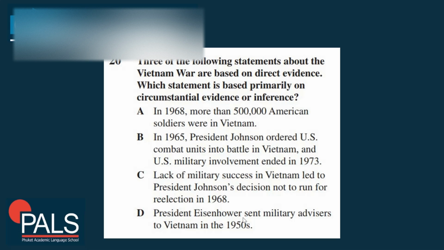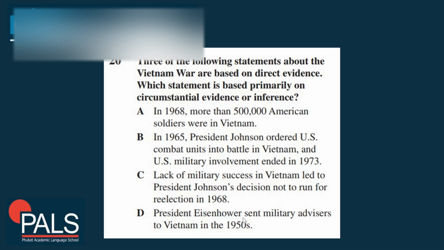A. In 1968, more than 500,000 American soldiers were in Vietnam. B. In 1965, President Johnson ordered the U.S. combat units into battle in Vietnam, and U.S. military involvement ended in 1973.